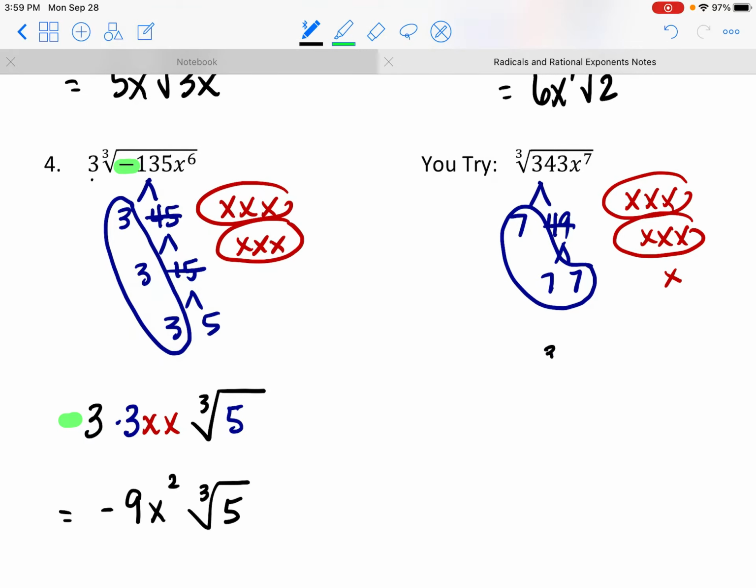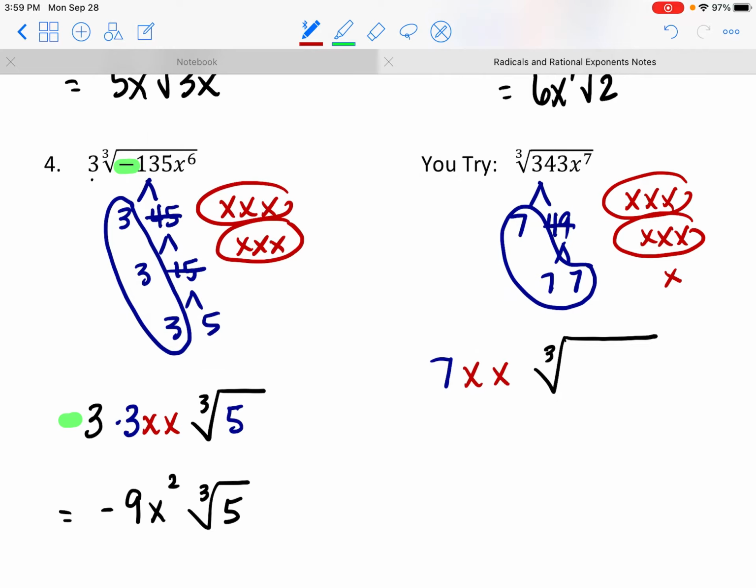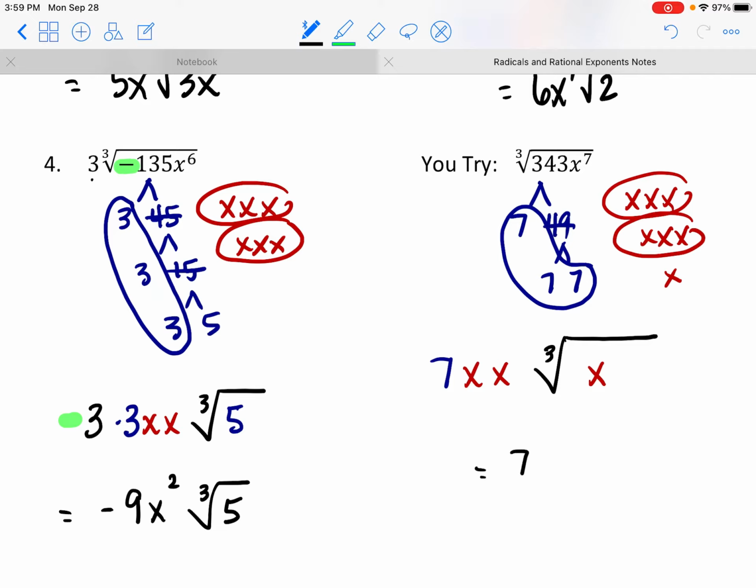So we have our cube root. Okay, we said we're going to bring out a 7 and no numbers left over inside. Then we were going to bring out 2 x's and we would have an x left inside. So this final answer is going to be 7x squared and then a cube root of x.